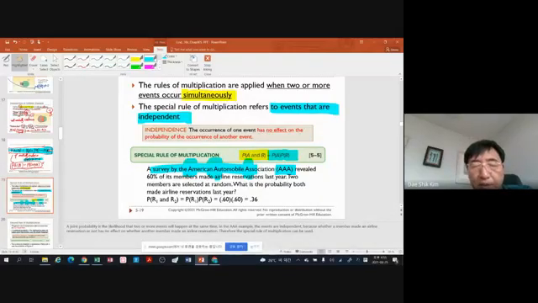Even though they are an automobile drivers association, 60% made airline reservations. Okay, two members are selected at random. What is the probability both made airline reservations last year? First person, second person. They are not family, not friends, not co-workers in the same company. They are totally independent persons.